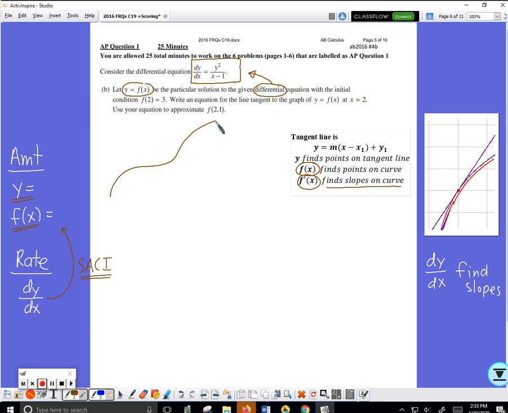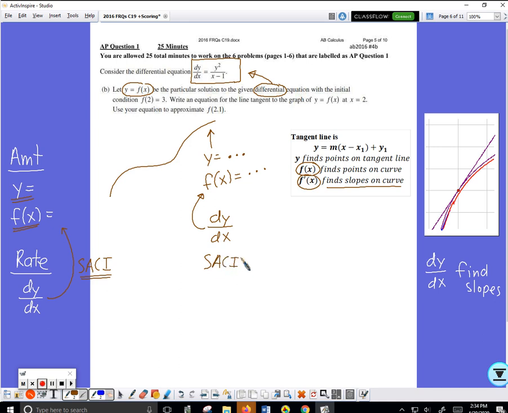The equation for the curve, they're telling you, is going to be y equals something, or call the equation f of x equals something. Either way, it doesn't matter. But what you're doing is you're starting with dy dx. You're trying to work backwards to get this equation. So you're going to have to use the Sassy method to do that.